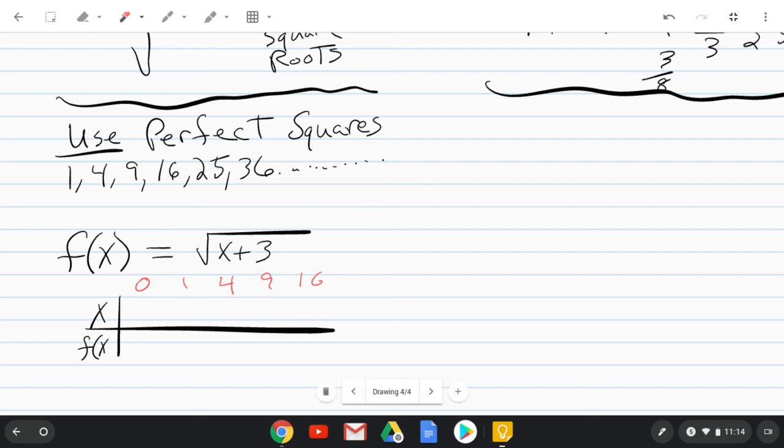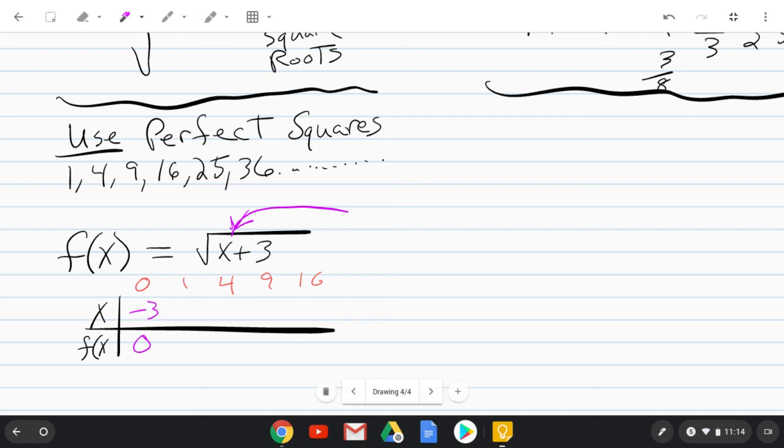And then I think to myself, hey, what can I put in for x in here that would make that x plus 3 equal 0? Well, I could put in a -3. -3 plus 3 would equal 0. And then the square root of 0 is 0.